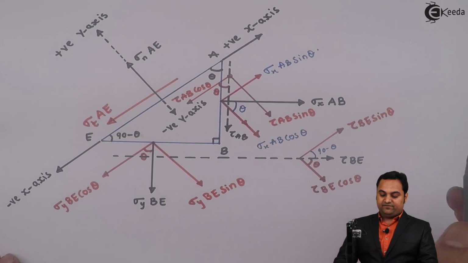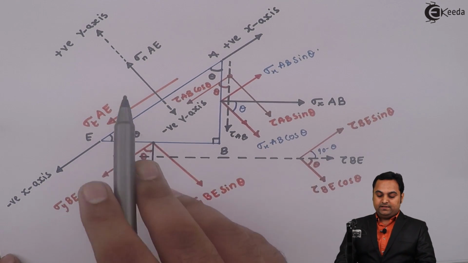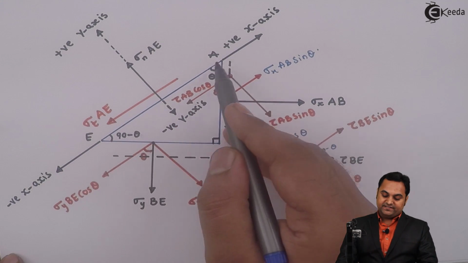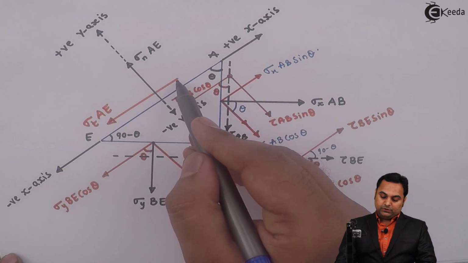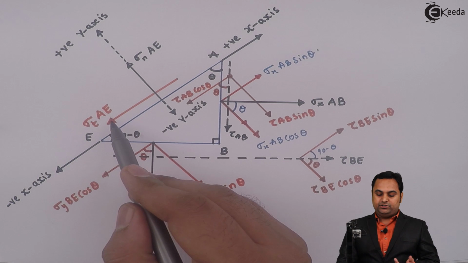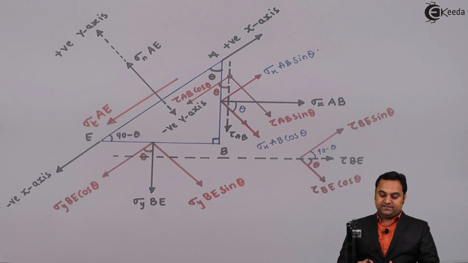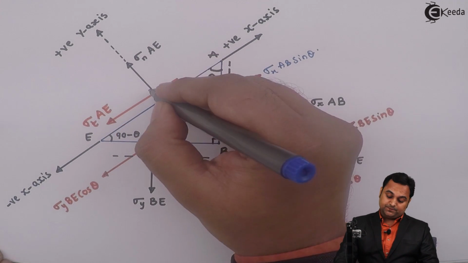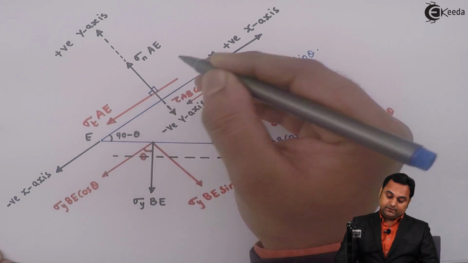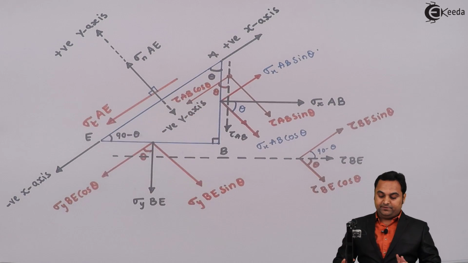Next, after we have seen faces AB and BE, at last we have face AE. Now the component which is parallel, there is no need to resolve because it is parallel to the plane. So it is sigma t AE as it is. Next, the component which is perpendicular to the plane, that is sigma n AE, it will remain as it is.